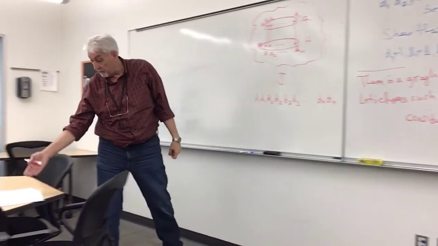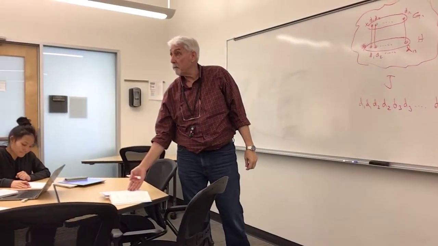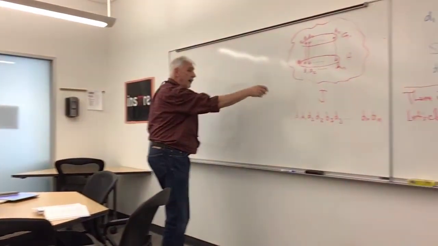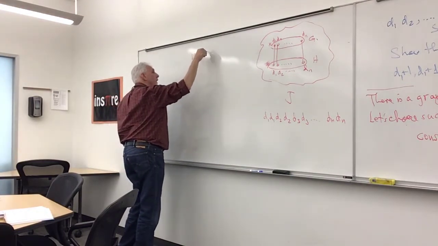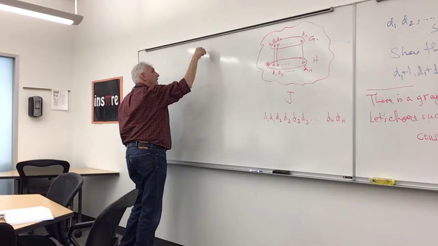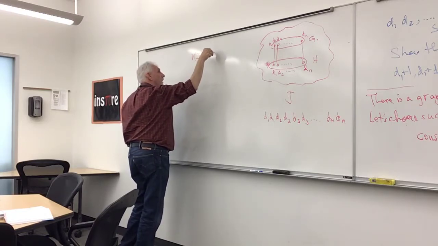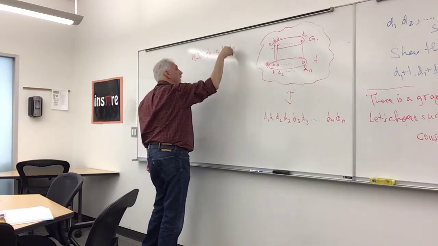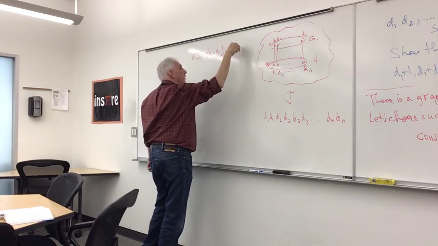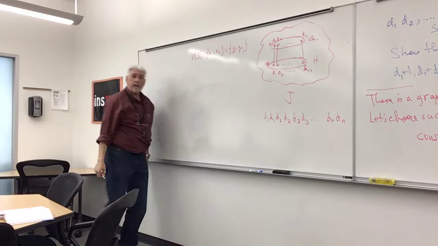That's good because that's exactly what we want. Now I have to tell you what J is. The vertex set of J is equal to the union of x1 through xn and y1 through yn. That's my vertex set.